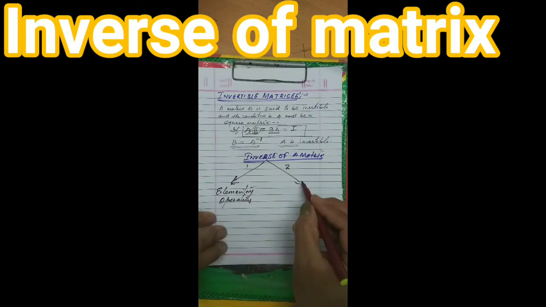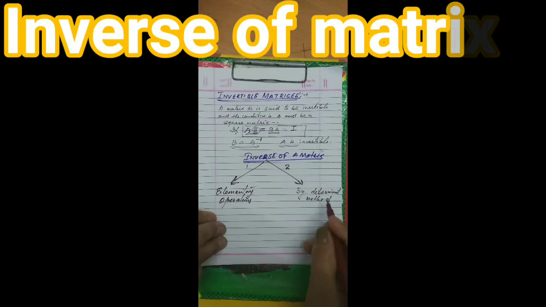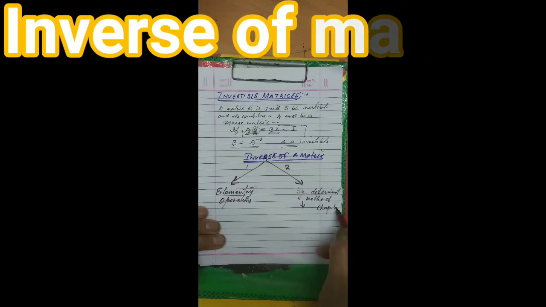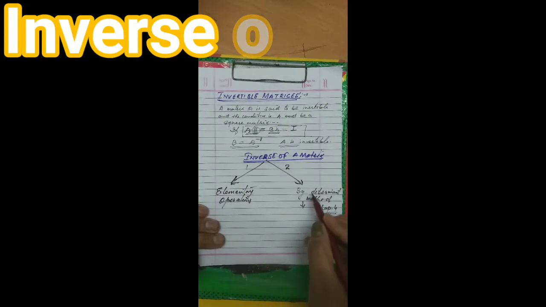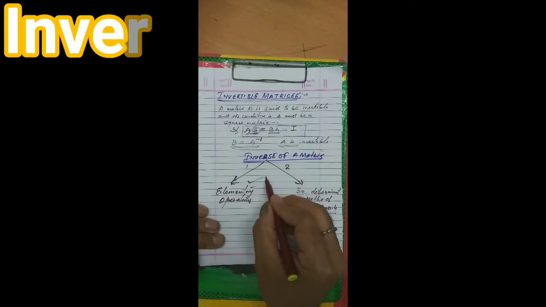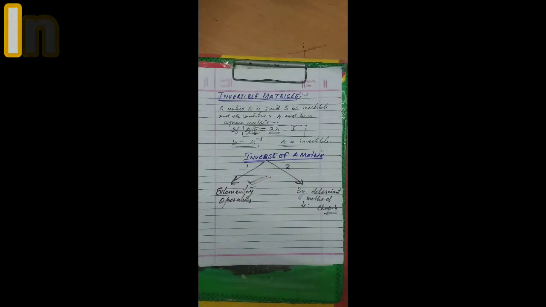And the second one is the determinant method. This method you will study in the next chapter, chapter number 4, when we study determinants. Inverse will be the same by these two methods. So now we will study how to find the inverse of a matrix A by elementary operations.